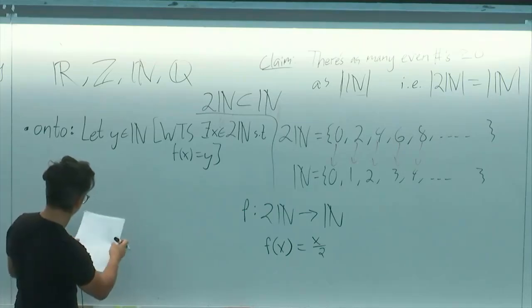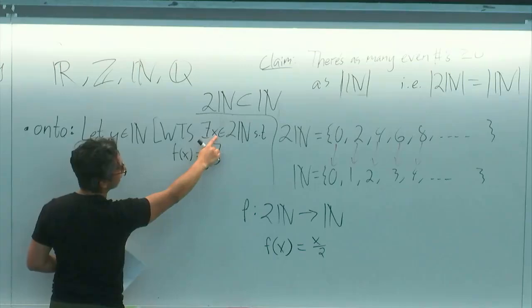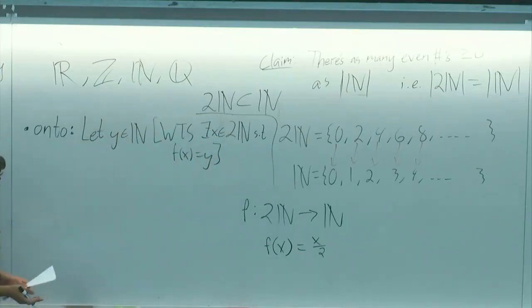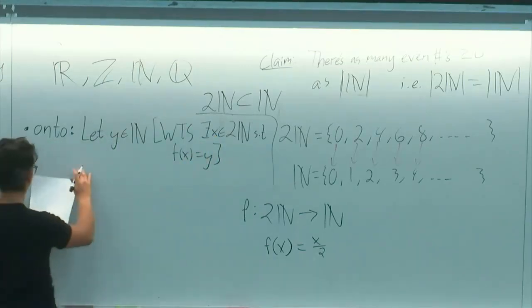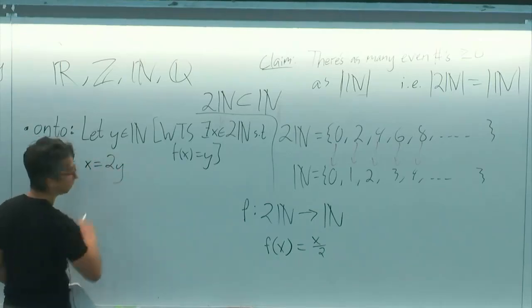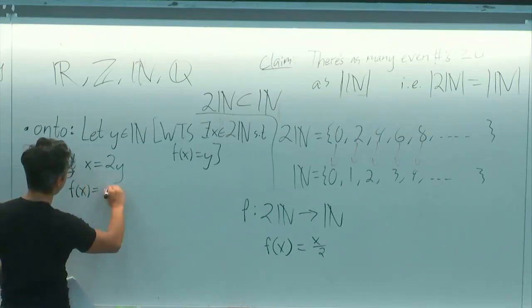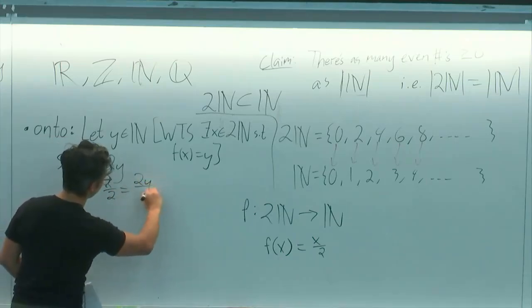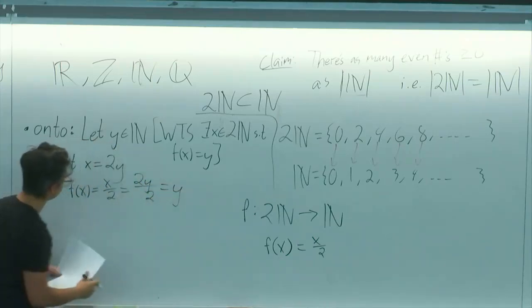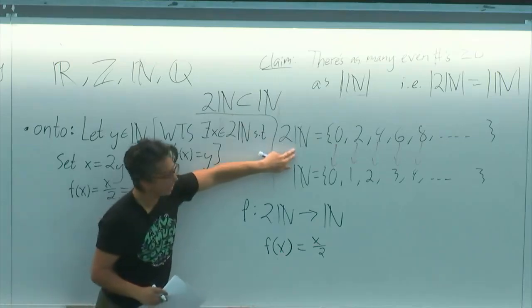All we need to do is show that there exists an x. So this is proof by example. The example here is, let's set x equal to 2y. Now we see that f of x is equal to x over 2, which is the same as 2y over 2, which is y. How do we know that x is in 2n?